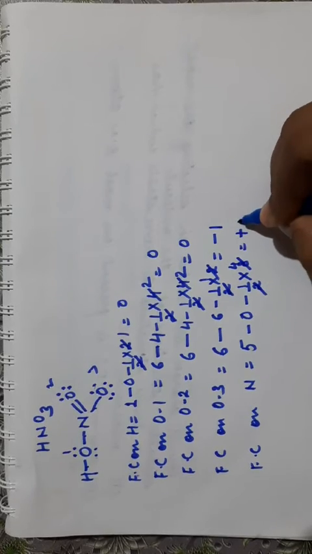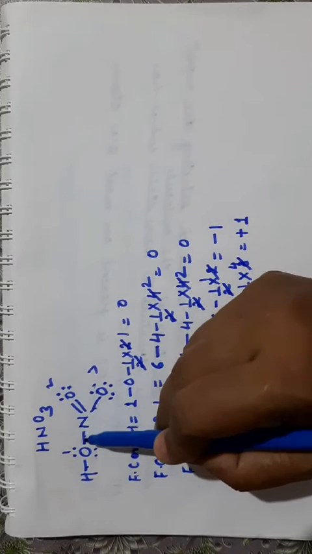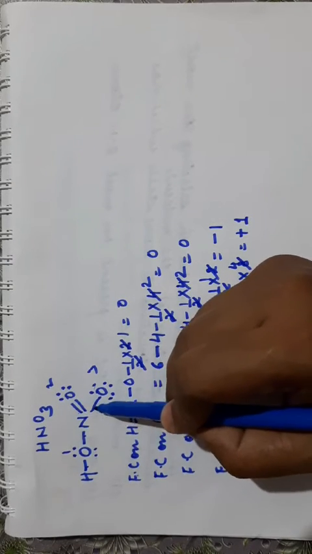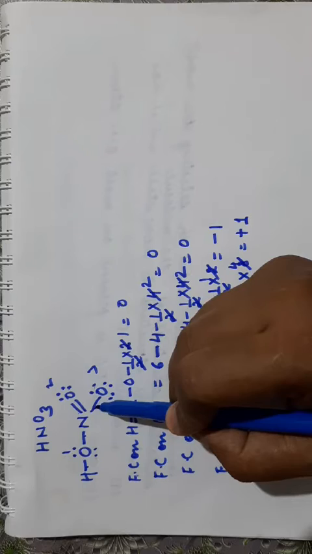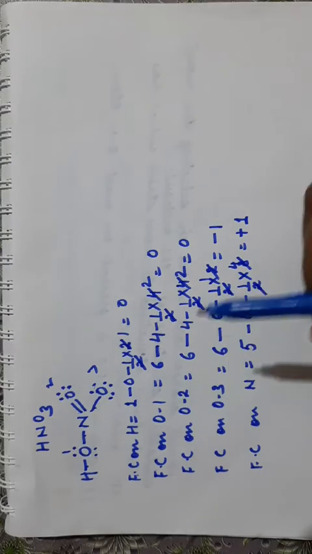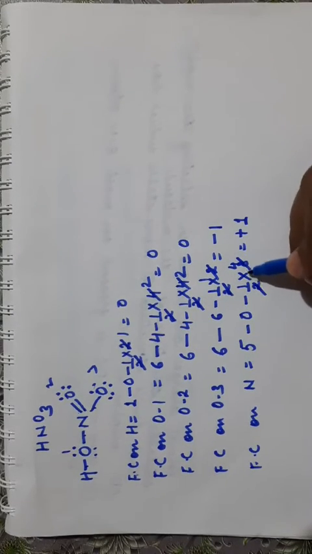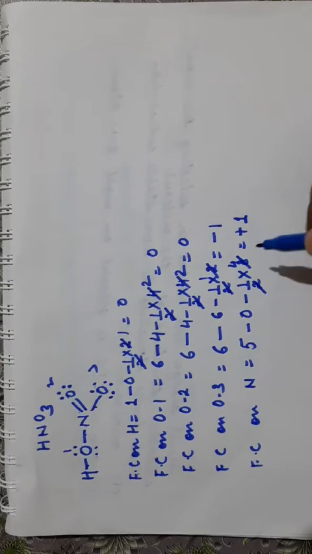It is plus 1. Clear? Because nitrogen is sharing 1, 2, 3, 4, total 4 bonds are there. 4 bonds means 8 electrons. Total 8 electrons we have written here, charge is +1.